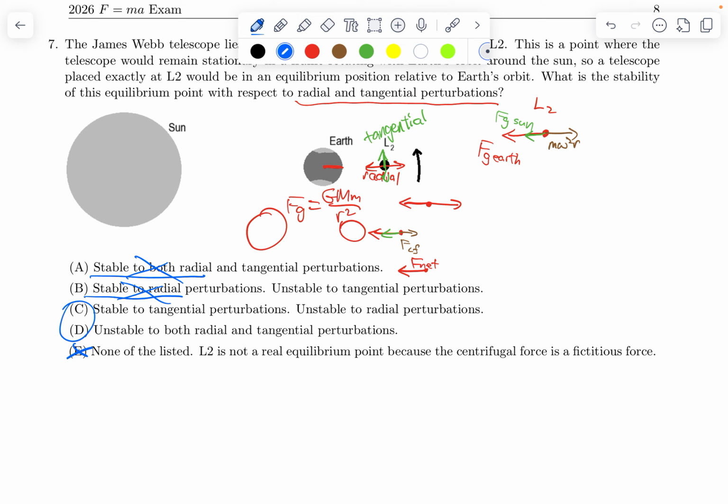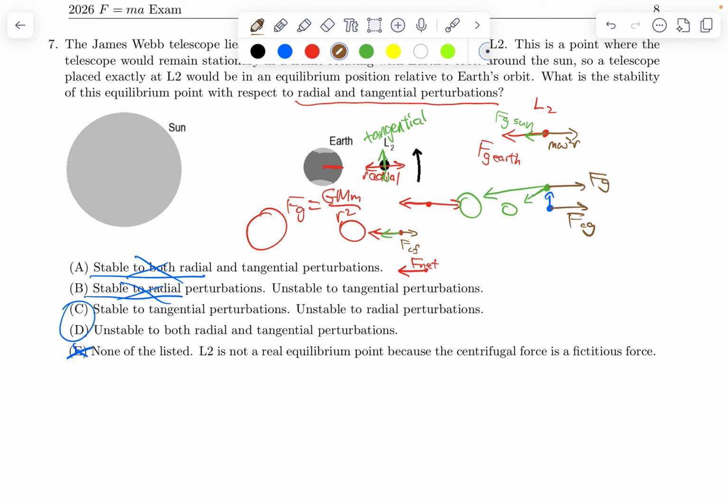So we just need to test the tangential perturbations. Now, let's say our satellite travels a bit higher up and it ends up right here. And we still have these. So now the gravitational pull from Earth is over here and the gravitational pull from the sun is here, okay? Now, we also have the centrifugal force right here, and the centrifugal force always points outside.